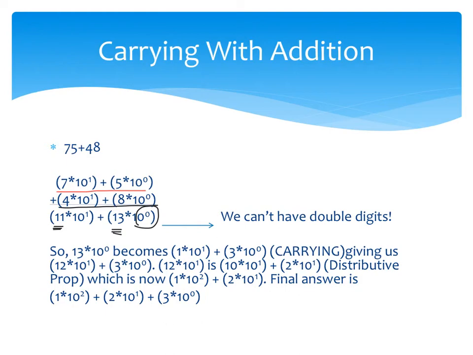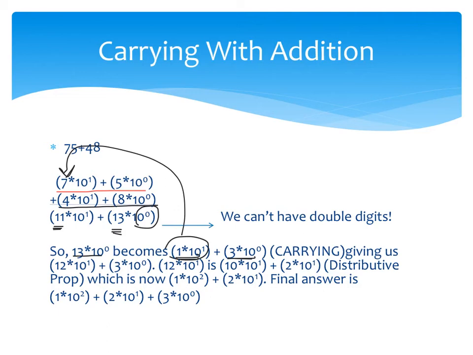So we're going to break down that 13 so that it's 1 times 10 to the first and 3 times 10 to the 0, which is what you're doing when you carry. So we have a 3 times 10 to the 0 that's left, and we take that and we're carrying that over into the left-hand column.